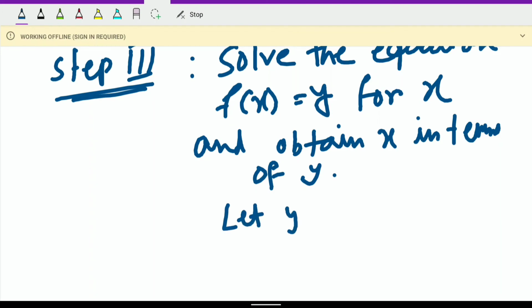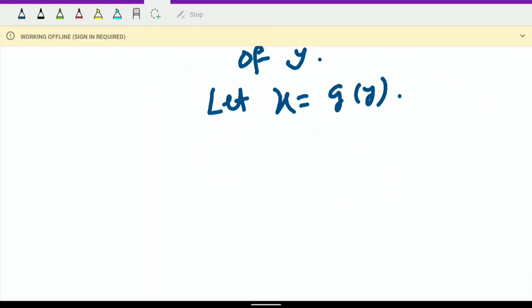Now let x equal g of y. Now step number 4, that is the step of conclusion.